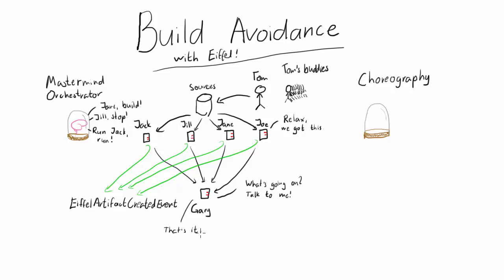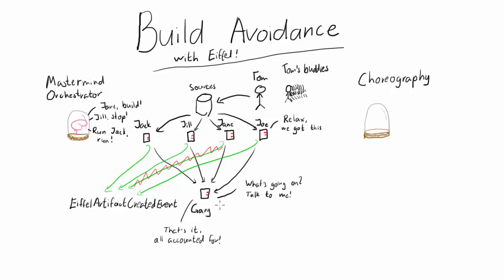If they all decide to build a new artifact, they will all send events to that effect, Eiffel artifact created events. And because these events reference the original composition, this gives Gary all the information he needs to pick them up and integrate them. All Gary needs to know in advance is that 4 components exist, so when all 4 have reported in, he's good to go.